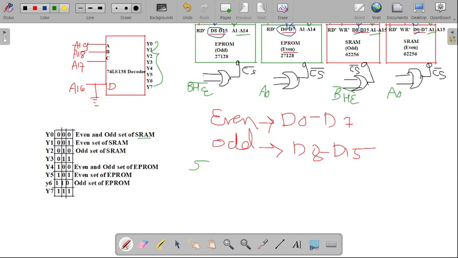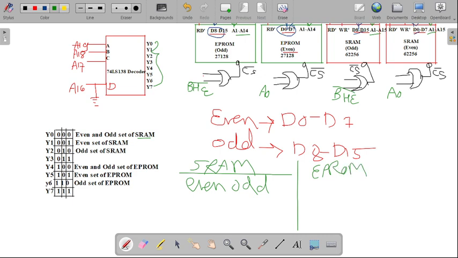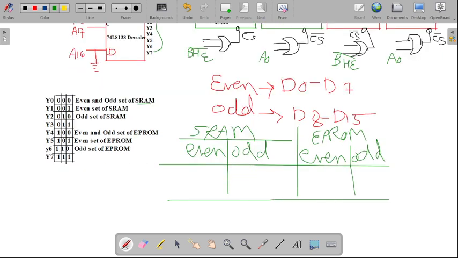So whenever you are considering the SRAM, there are two types of bank, that is even as well as odd. And the same structure you are following for EPROM. So the EPROM also consists of even and odd set of our ROM. Now I have to select whatever lines you require in that particular connection.